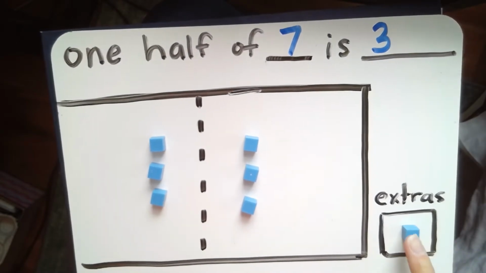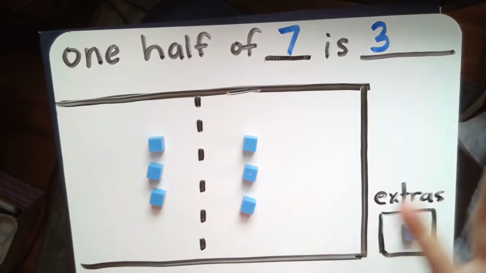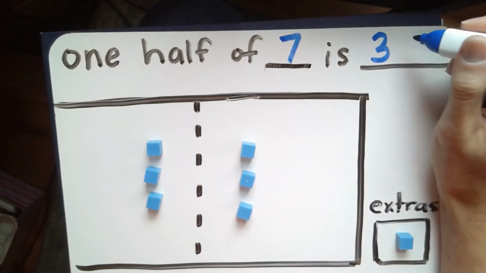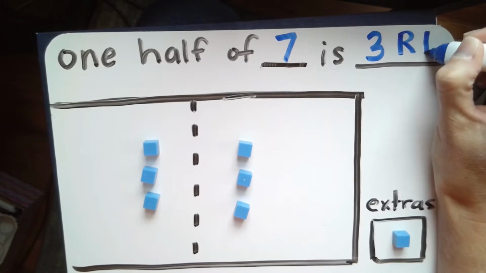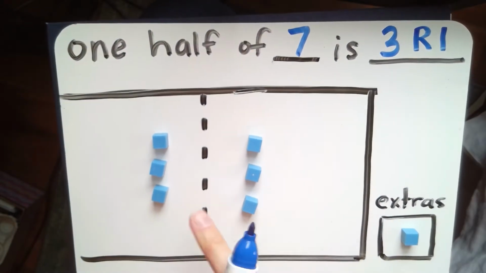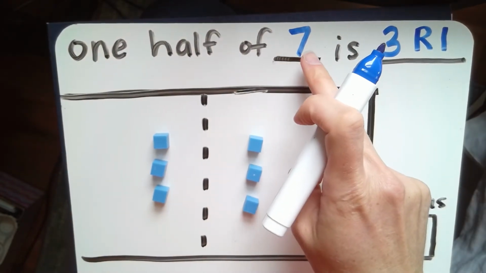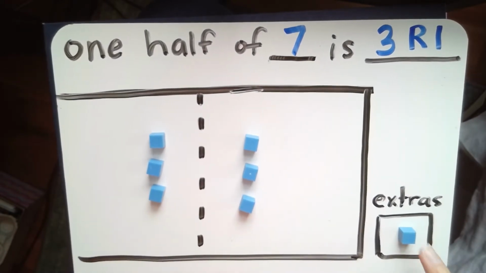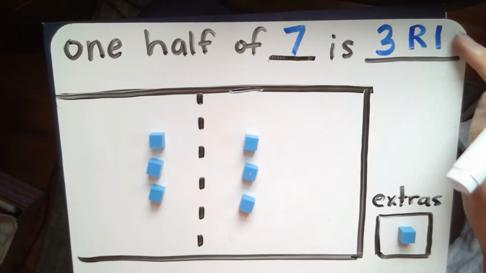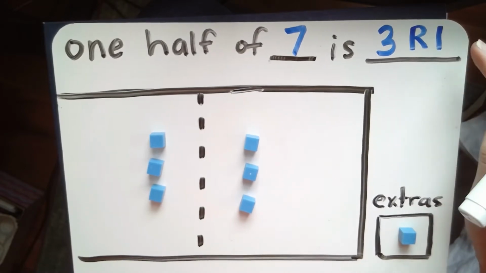We call this extra a remainder. It's the leftovers. So to label a leftover, it's R, uppercase R, 1. So 1/2 of 7 is 3 with 1 remaining, 1 extra. We call the extra R1.